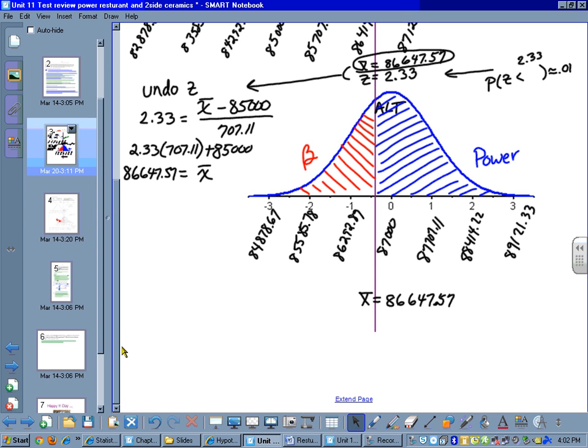Okay, now I'm going to do a frontwards problem. So we did an undo it problem to get our X bar, and now if I'm looking for beta, I want to find the probability, which is also, by the way, a type 2 error.